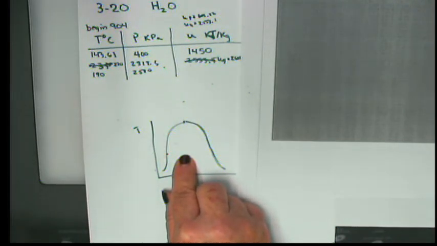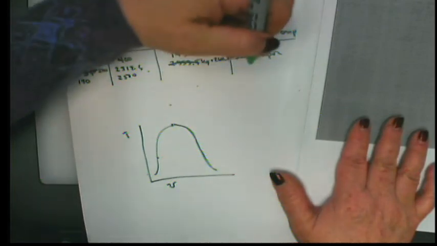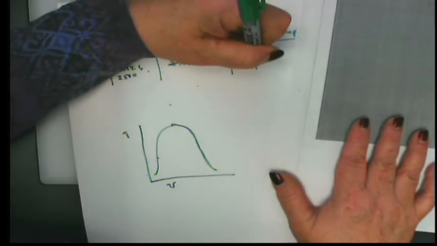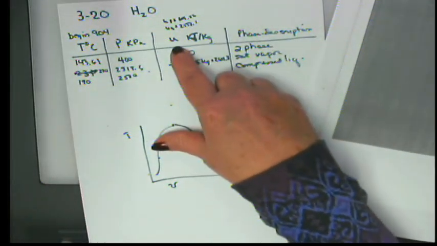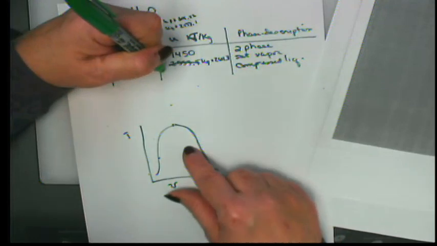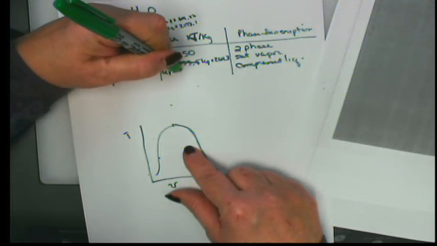Because there's too much pressure. If you took a gas or something that was ready to become a gas, put more pressure on it, it would become a compressed liquid. Now, here is an interesting fact. The value that we can use here, we can use U sub F at 190 degrees.